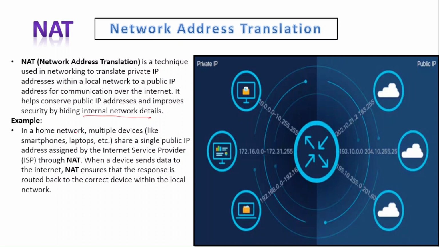Example: in a home network, multiple devices like smartphones and laptops share a public IP address assigned by the internet service provider through NAT. When a device sends data to the internet, NAT ensures that the response is routed back to the correct device within the local network.